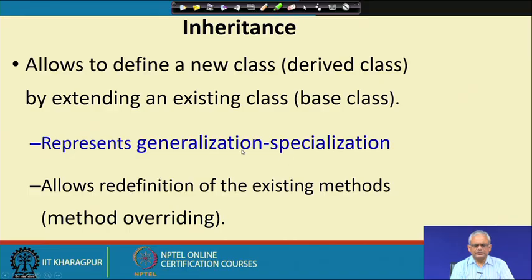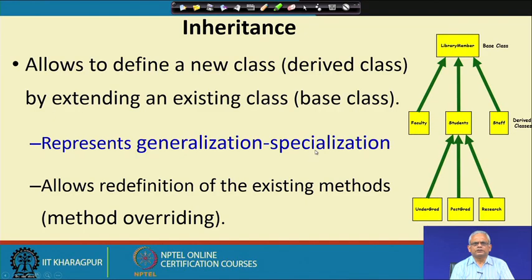The base class is the general class and the specialization classes add a few more attributes or methods to the general class. We can also redefine some of the existing methods of the base class, and that is called overriding.